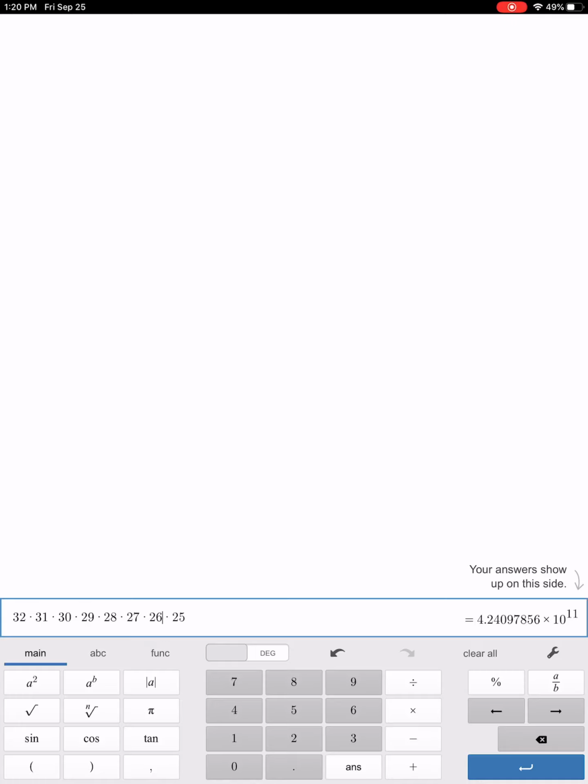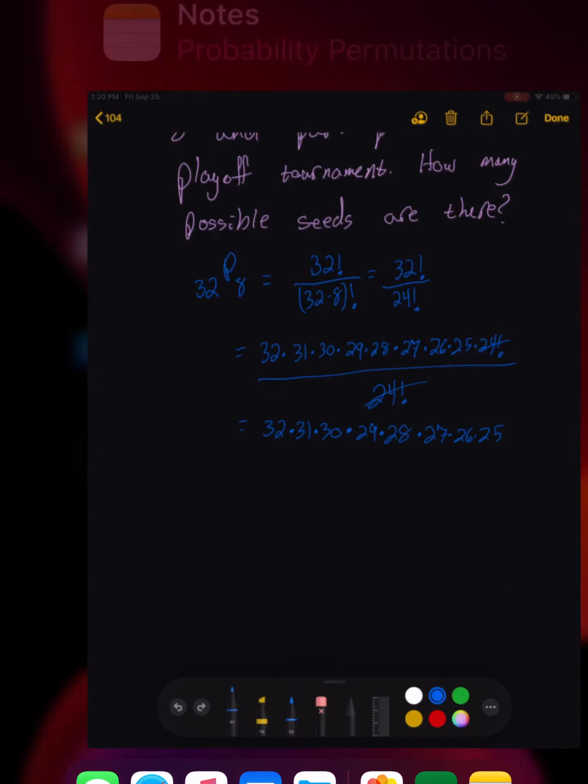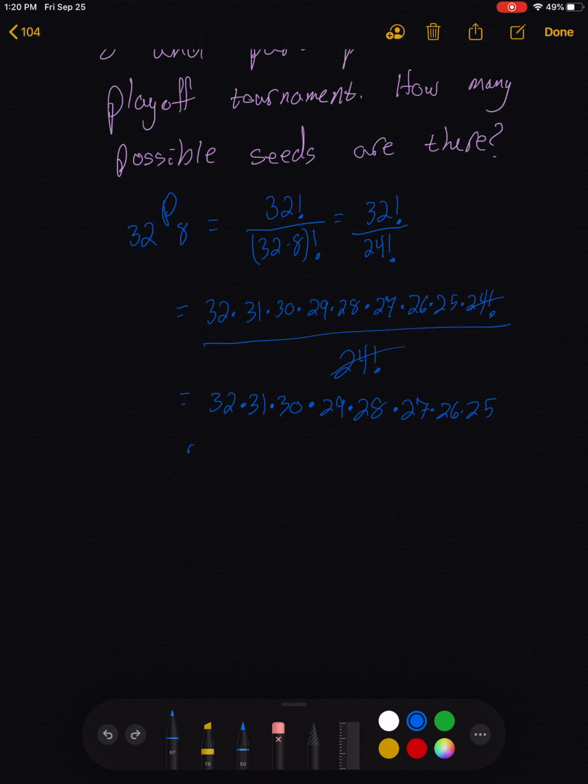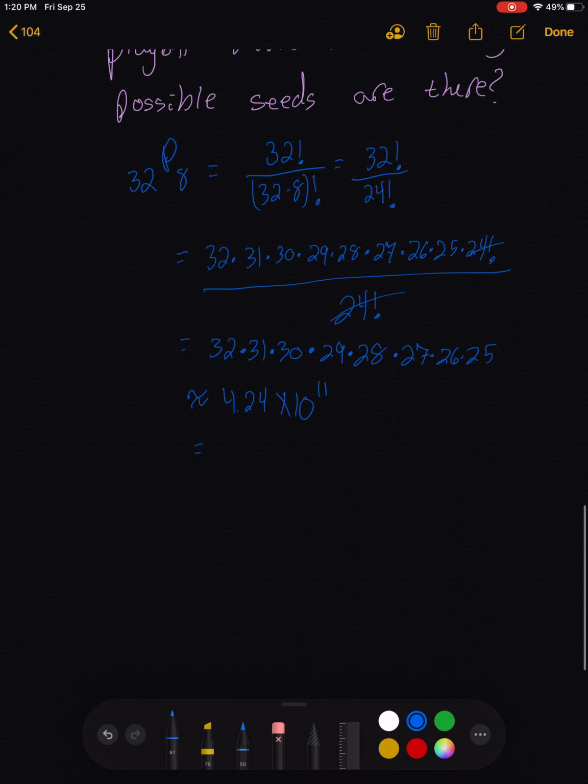So we're moving the decimal point to the right 11 times. So I'm going to go ahead and write this as approximately 4.24 times 10 to the 11th. So keep in mind that's 4, and then we've got 11 zeros.